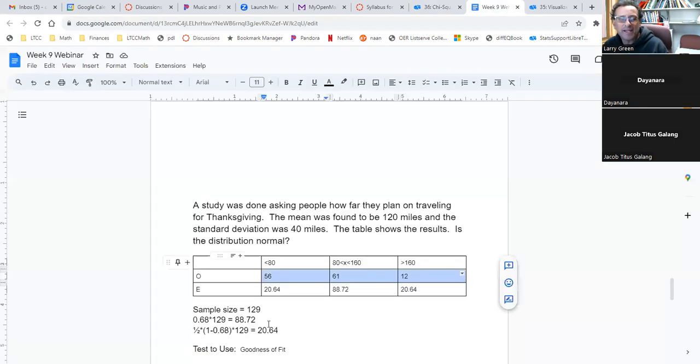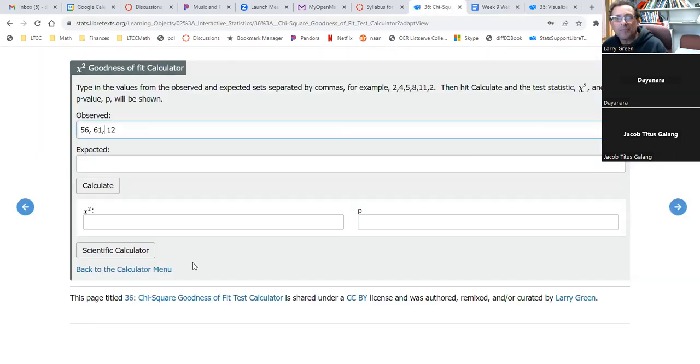Then I'm going to copy the expecteds, paste them into the expected, and put some commas in. Any questions on putting it in the calculator? Then I hit calculate. Okay, chi-squared is 72.9.